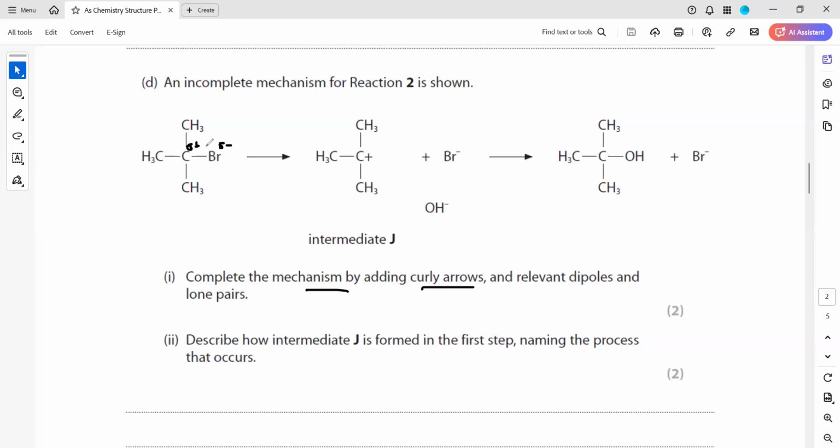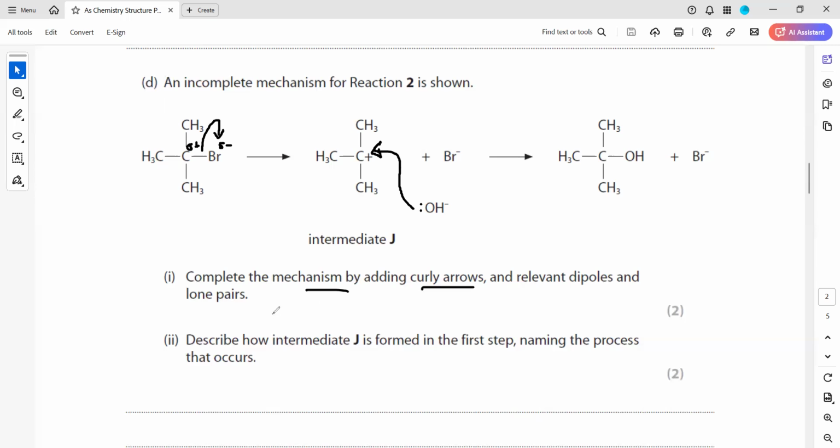The bromine is taking both of these electrons, so the full arrow will be towards the bromine. That's the first thing. Then the OH will have a lone pair, and we start the arrow from where the electrons start and where it ends. So this lone pair on the OH is forming a bond with the carbon. So we'll draw an arrow here.